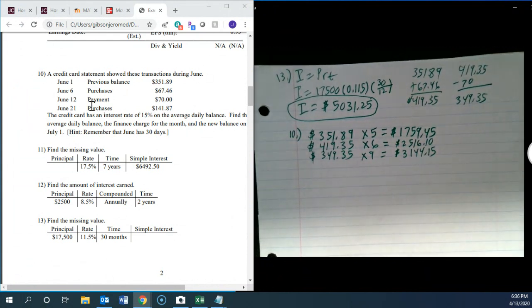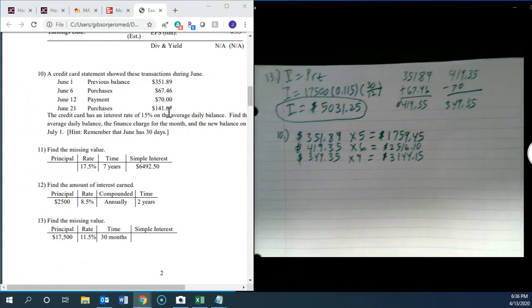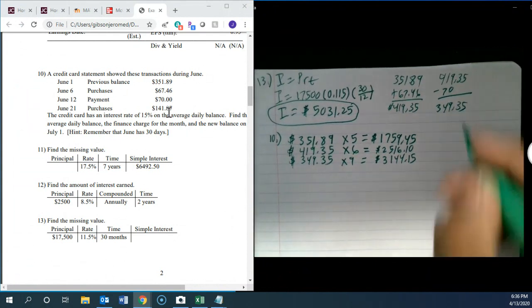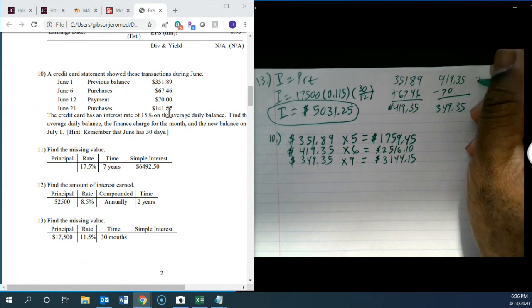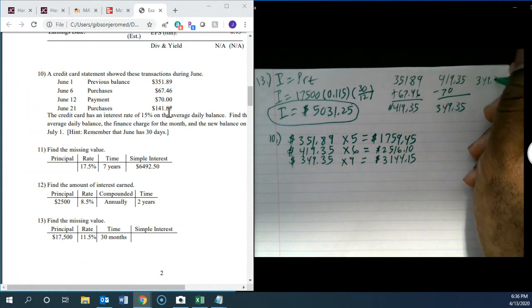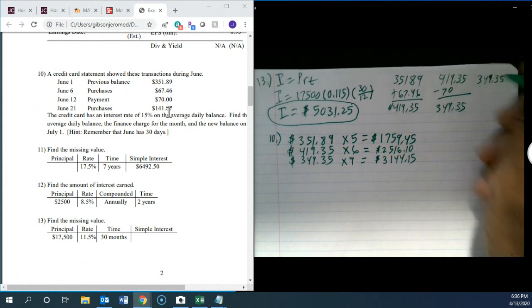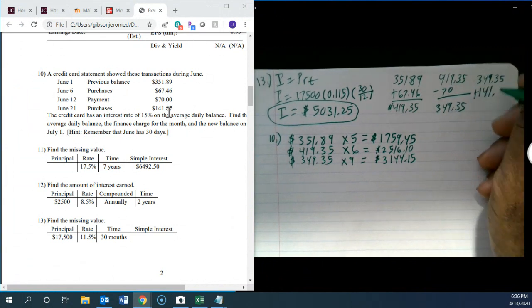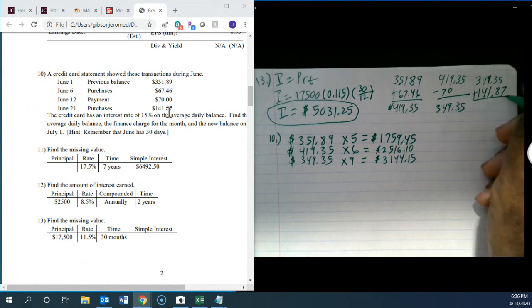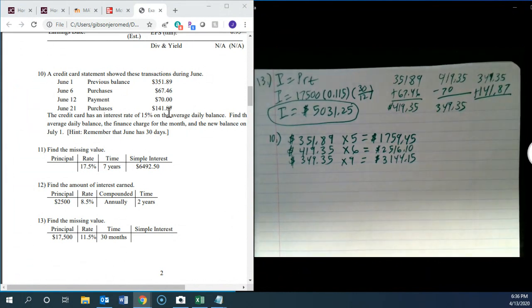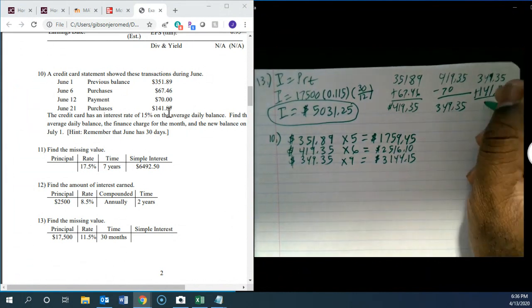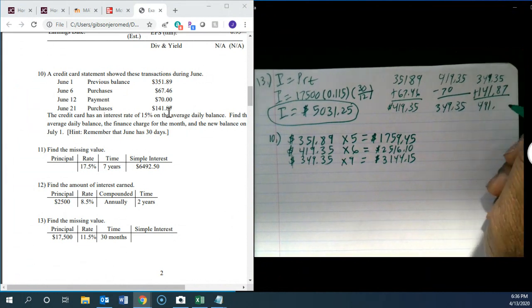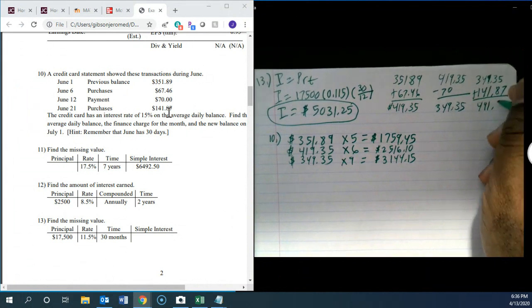Now, on the 21st, it said we made another purchase of $141.87. So we would take this $349.35 and we would add the $141.87. Now, when we add that value, that'll give us $491.22.